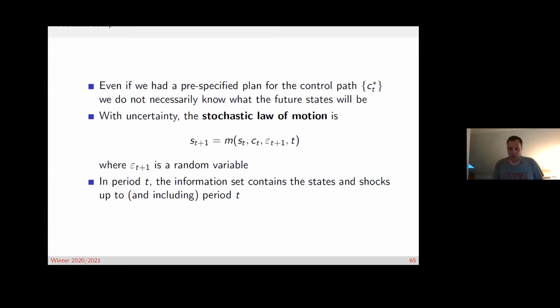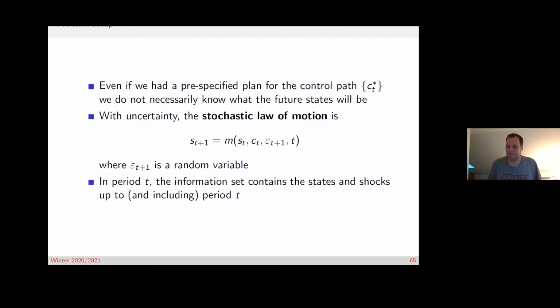So basically what we have in this case is, given the situation we are in, I know for every control and for every realization of this random variable what the state tomorrow will be.